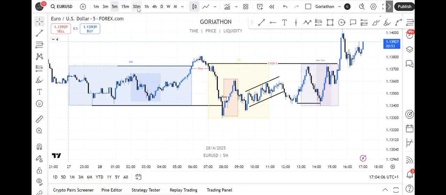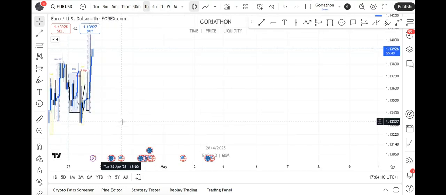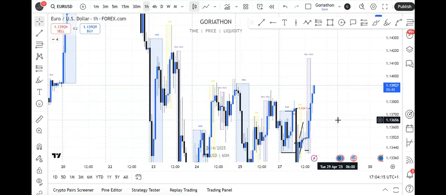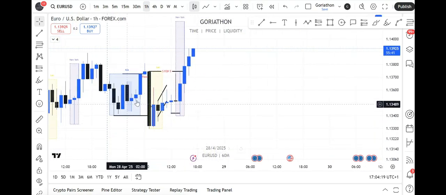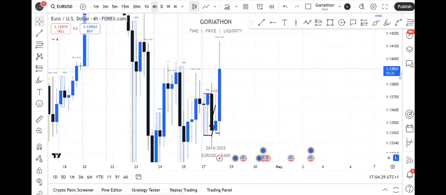If you don't understand the importance of the high time frame liquidity concepts, price and time, everything is fractal. So if you don't understand that whatever we marked on the M5 has some key relevance on the higher time frame as well, then there's no point.